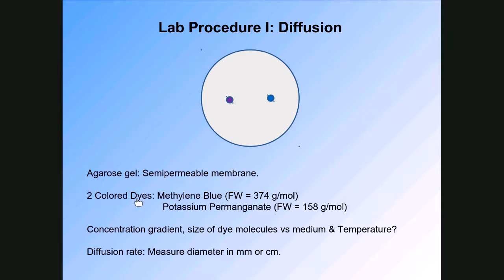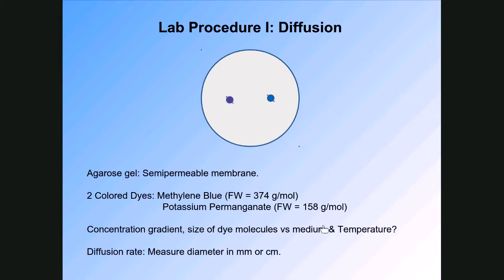They're showing you the formula weight, but that's the lab's way of telling you the molecules of dye that make up the methylene blue are much larger than the molecules of dye that make up the potassium permanganate. So for all 3 plates, you're going to have both dyes. So at a minimum, size is going to be an issue between the 2 dyes and how it affects the rate of diffusion. Now, the measurements for the rate of diffusion are taken every 15 minutes, and they're taken in millimeters, which I've already put in a table for you.